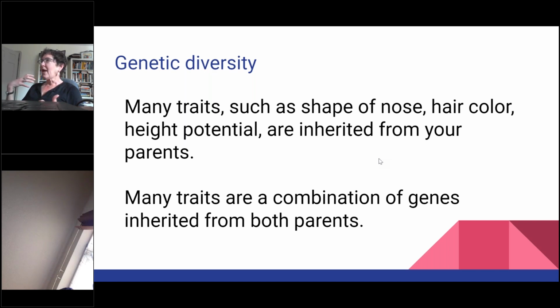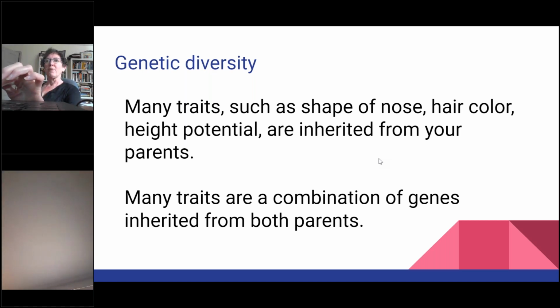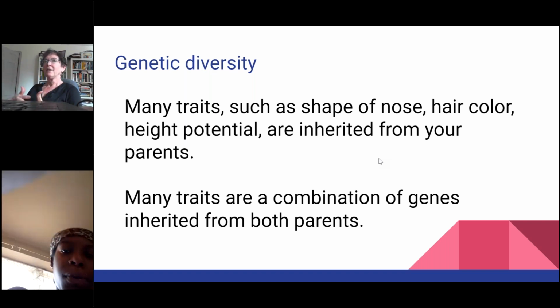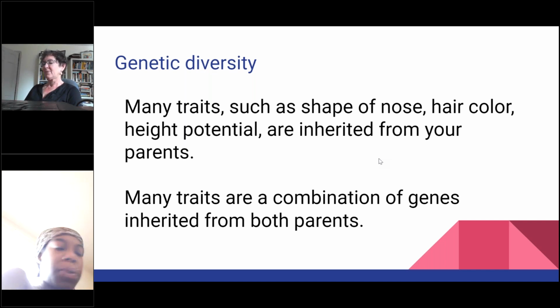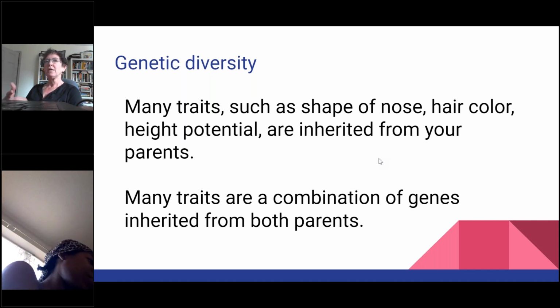So a lot of the things that are most evident in you are things that are inherited from both of your parents. And that's how we get genetic diversity, which is really critical in times where there's a stress on a population, whether that's a plant population or an animal population.